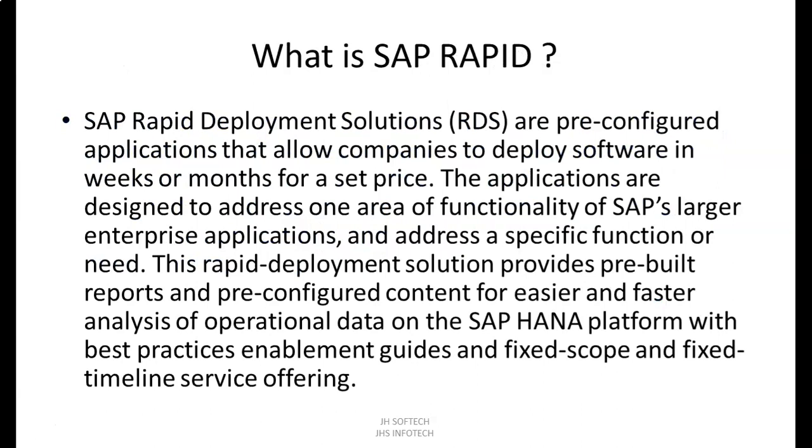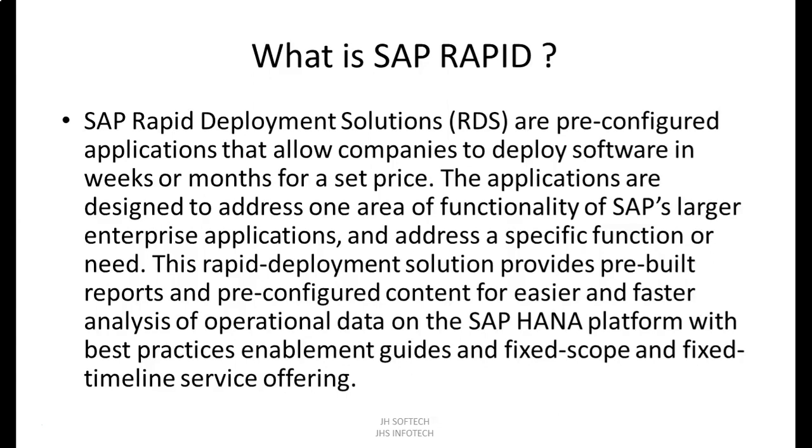What is SAP Rapid? Rapid Deployment Solutions, RDS, are pre-configured applications that allow companies to deploy software in weeks, or say somewhere in months, for a set price. The applications are designed to address one area of functionality of SAP's larger enterprise applications and address a specific function or need.